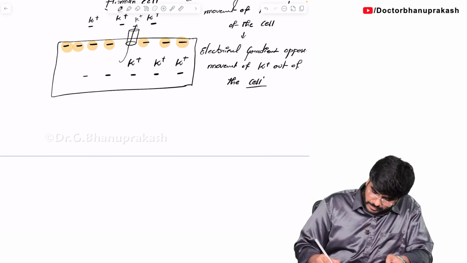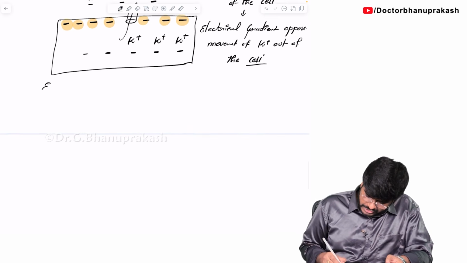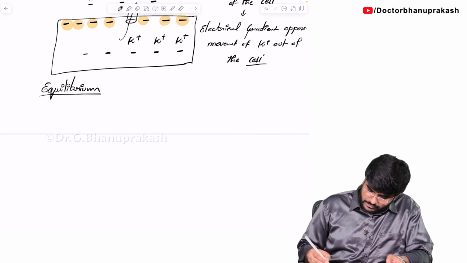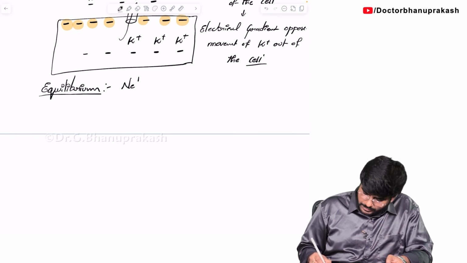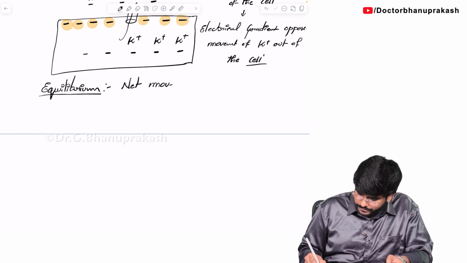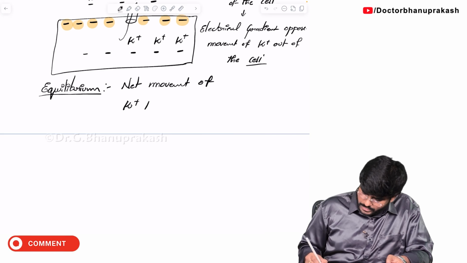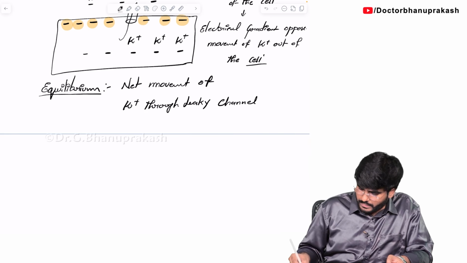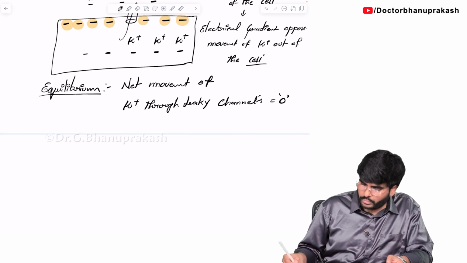Now, first let me write what exactly is the equilibrium potential or equilibrium. Equilibrium potential means the net movement of potassium through leaky channels is going to be 0.